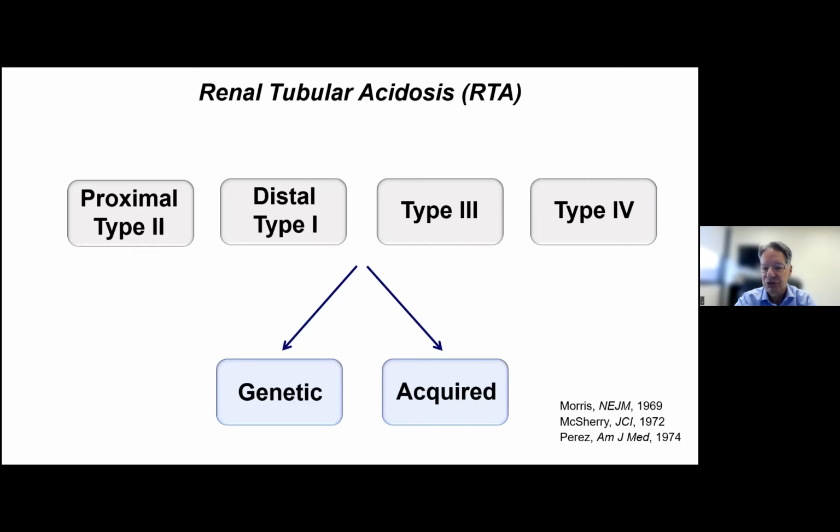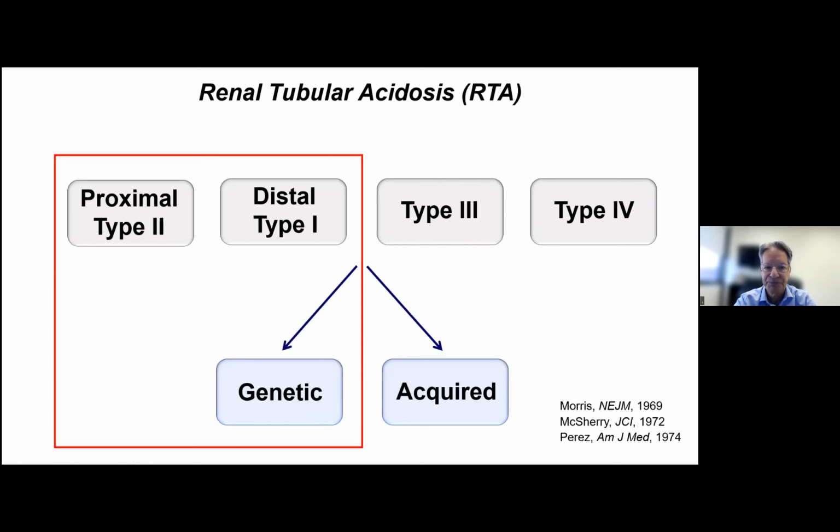To understand what's going on in the RTAs, you really have to back up and first understand what affects the plasma bicarbonate and how the kidney modulates it to keep it at 24, 25 milliequivalents per liter. So before getting into the RTAs and how we think about it, I'm going to first talk about the physiology of proton transport in the nephron.